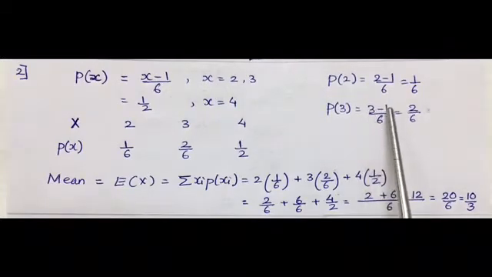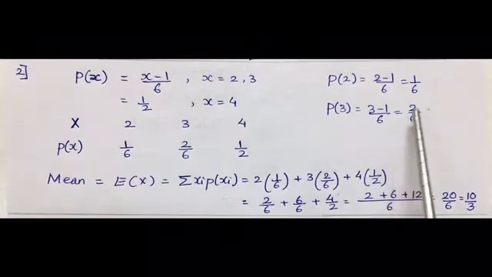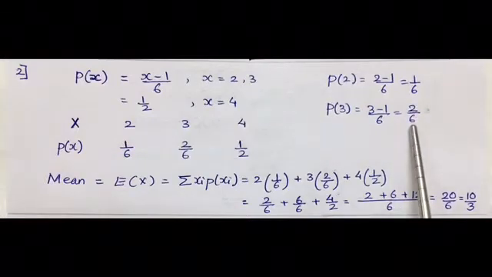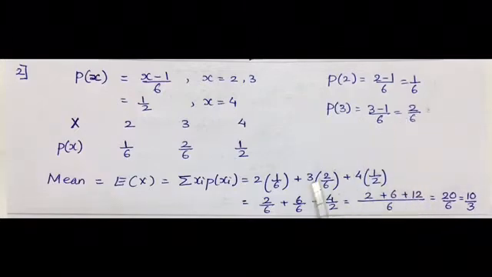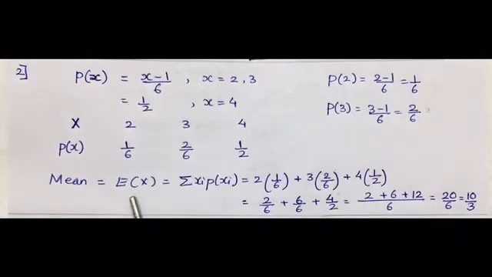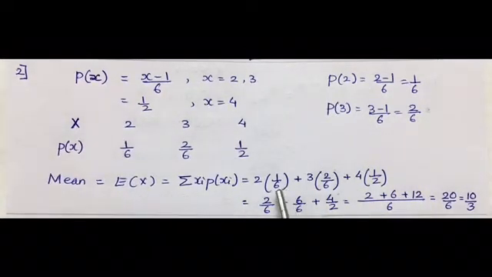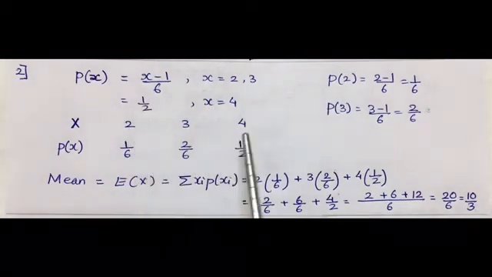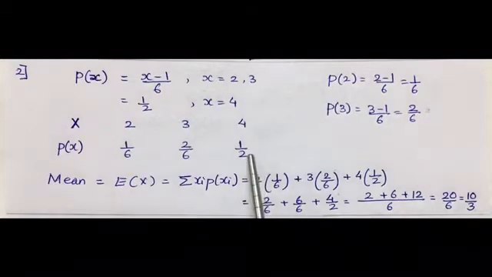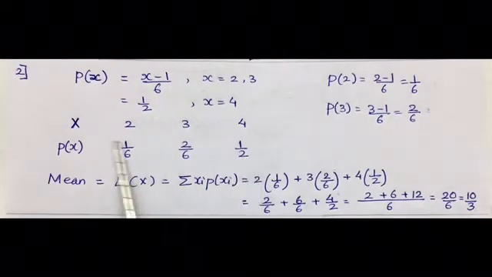So 3 minus 1 divided by 6 is equal to 2 by 6. We'll not go for cancellation. Reason, when we are using it in the formula of mean, LCM can be avoided. And P4, x equal to 4 is already given as 1 by 2. So for 4, directly the probability is half.